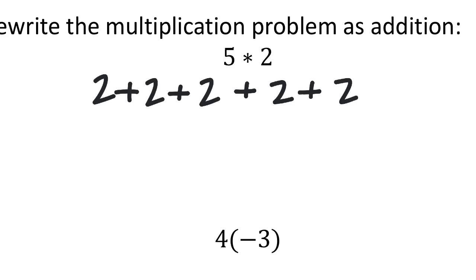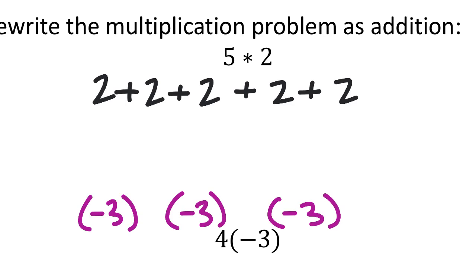Well, one of the problems we run into is, what if we have groups of negatives, like we do in this case? This reads as 4 groups of negative 3. So I'm going to take this negative 3, and I'm going to write it in 4 times, right? 1, 2, 3, 4. Now, again, it's repeated addition, so we are adding these together.